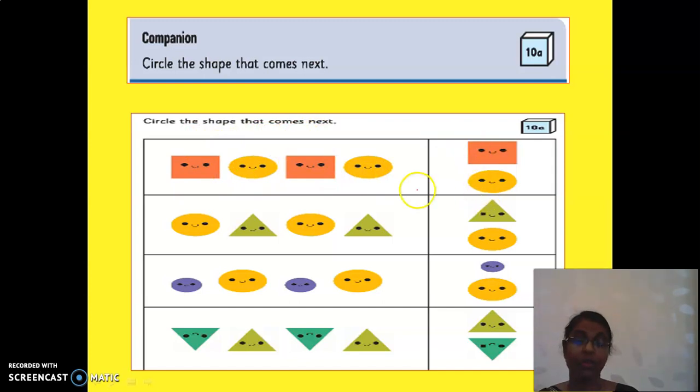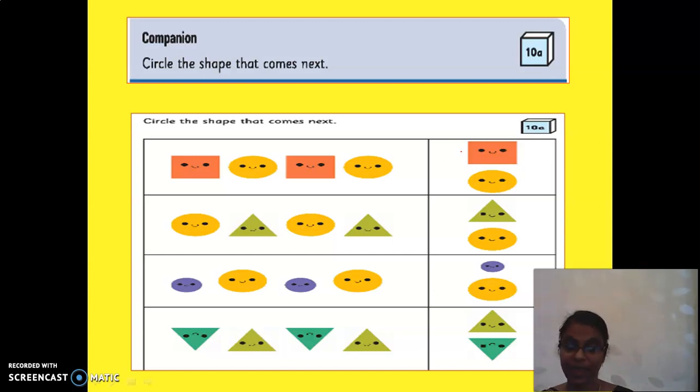Next to the smiley face, which is the shape of a circle, what has to follow? You have to circle it here. Are you all okay with that?